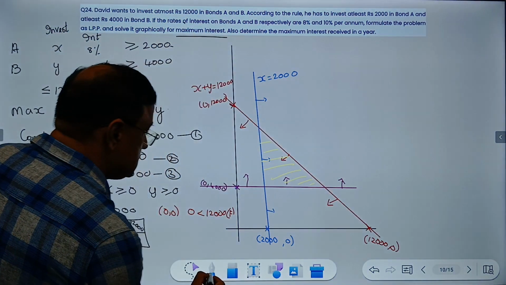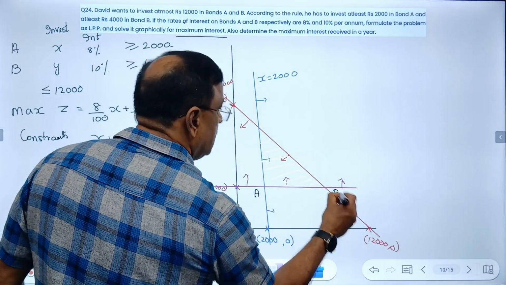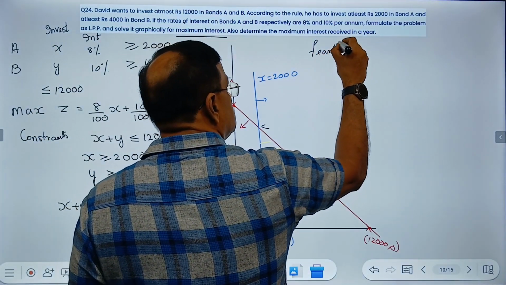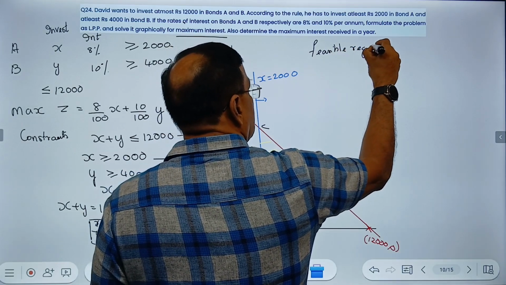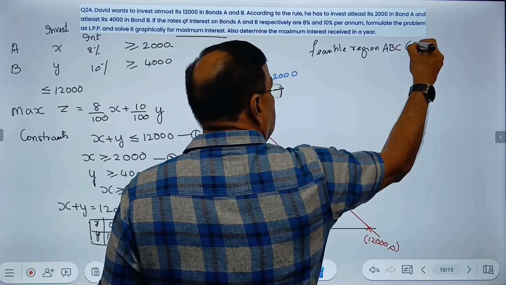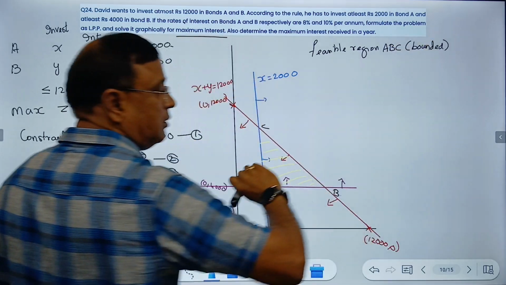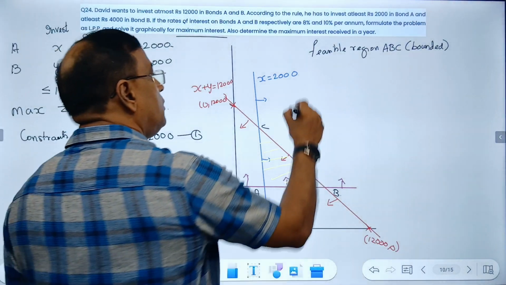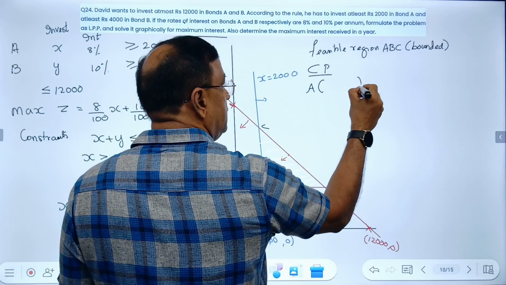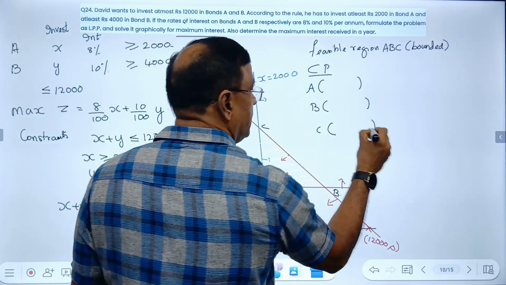And what are the alphabets? Let me take the vertices as A, B, and C. So you will say the feasible region is A, B, C, and it is bounded. Then what are the corner points? The corner points A, B, C I need to find.